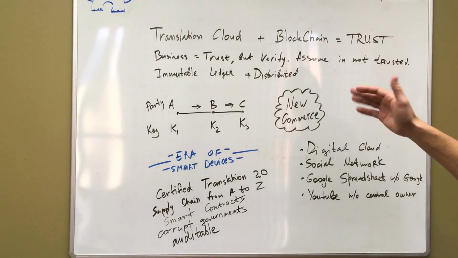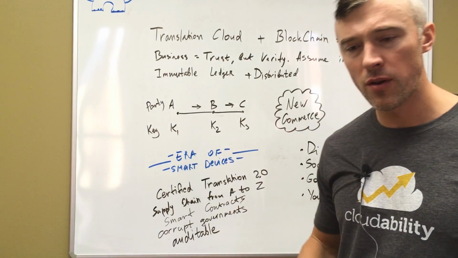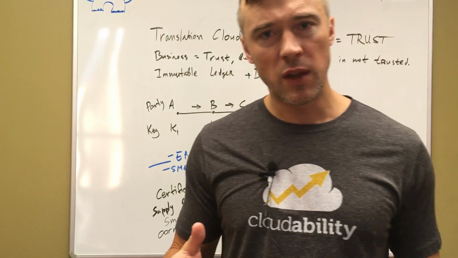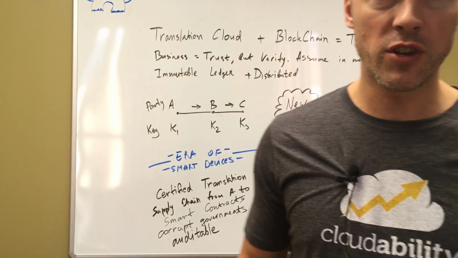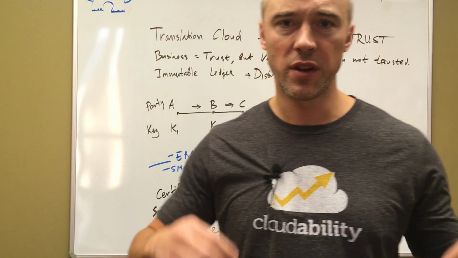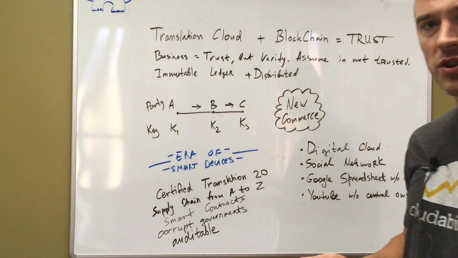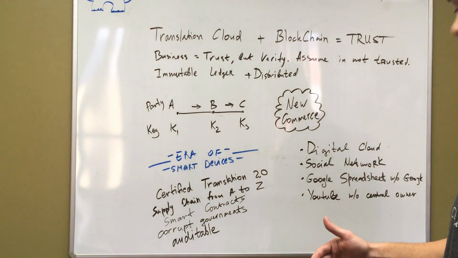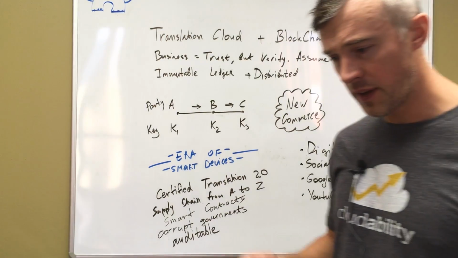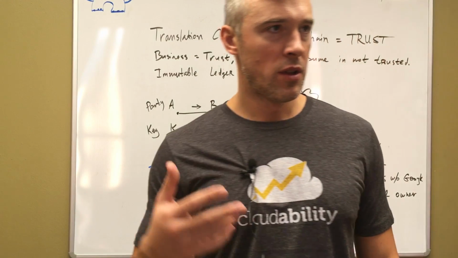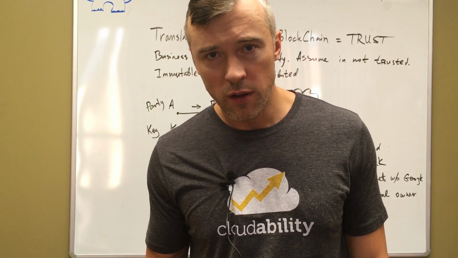So here's the blueprint. We're moving to the digital cloud, something that's been run on private Bitcoin networks, when big organizations such as JP Morgan Chase and Goldman Sachs in New York City will eventually build their own sort of Bitcoin-based blockchains and run their own supply chains on that technology. Take social networks, for example. Today in 2017, the leading social network is Facebook.